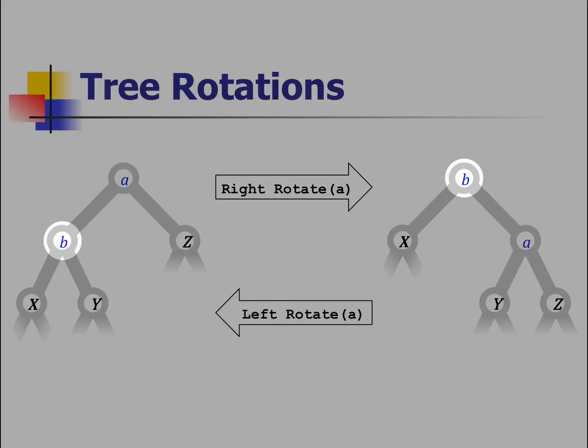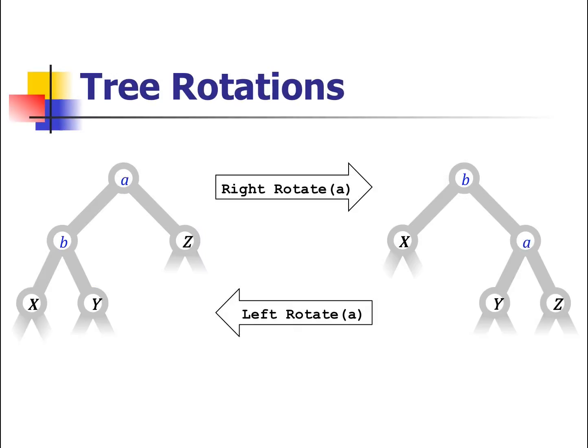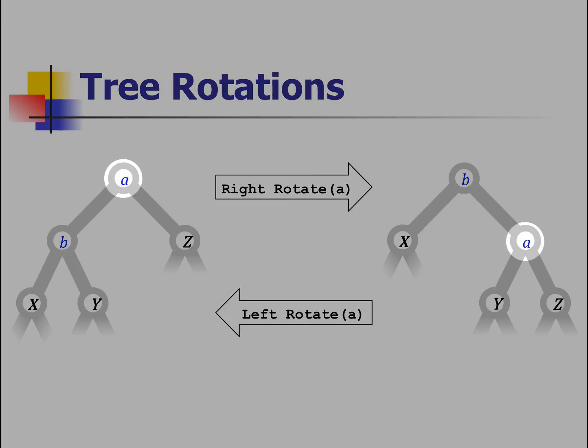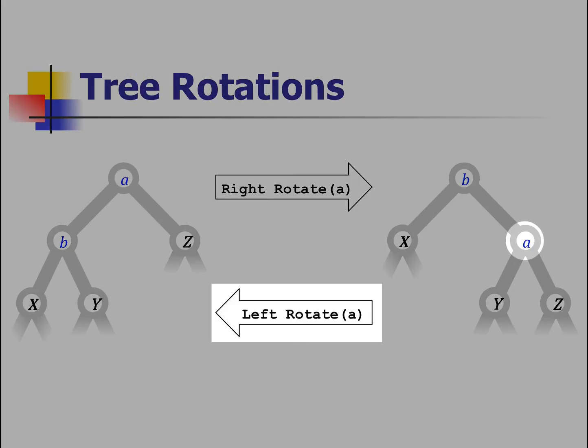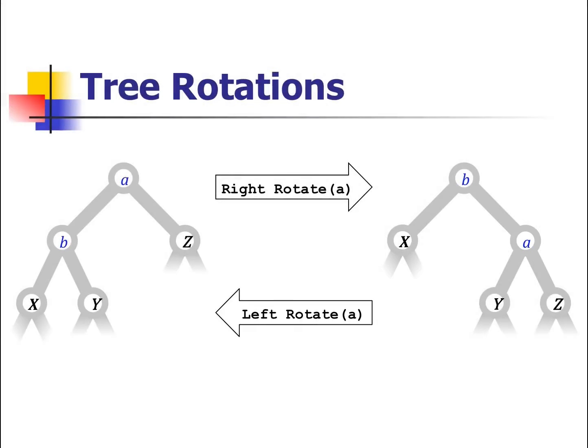It's now the root, and its children have changed, and similarly A went down and its children have also changed. So this is right rotating node A. We can reverse that by left rotating A.